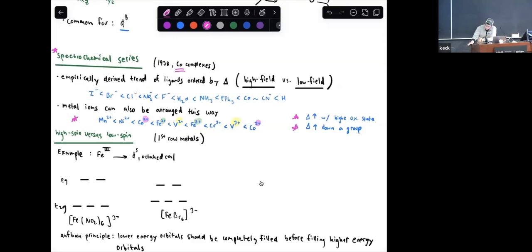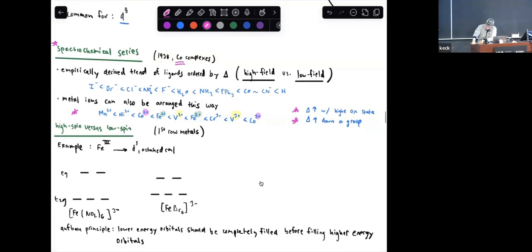So this is one of the reasons why the most commonly observed high spin metal complexes that we see on planet Earth are those from the first row, because second and third row metals in general have higher splitting energy. So the cost of starting to populate these higher energy orbitals is much greater in a second or third row metal.